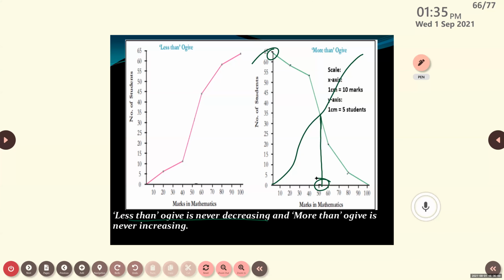At the point of intersection where less than and more than ogive meet. Okay, from there, at the point of intersection, you get? Median. Your voice is breaking. Pavitra, can you tell?